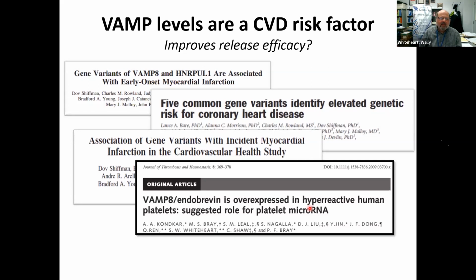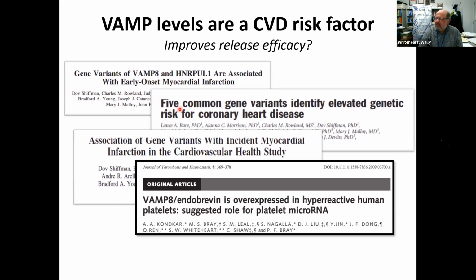There are 4 papers now. 2 of these are GWAS experiments where single nucleotide polymorphisms in VAMP8 and microRNAs that control VAMP8 levels are correlated with increased cardiovascular risk and increased early onset myocardial infarction, suggesting that higher levels of the VAMP proteins may make platelets more able to secrete, or more efficient in their secretion, and thus driving their ability to form thrombi.